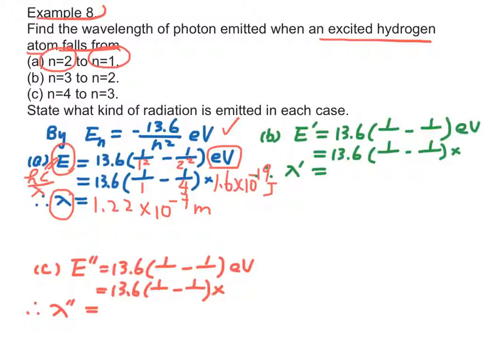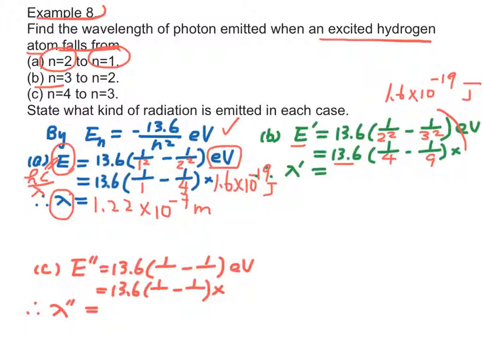For part B, we get the energy of photon emitted E' equal to 13.6 times 1 over 2 squared minus 1 over 3 squared eV, which is equal to 13.6 times 1 over 4 minus 1 over 9 times 1.6 times 10 to the power negative 19 joules.